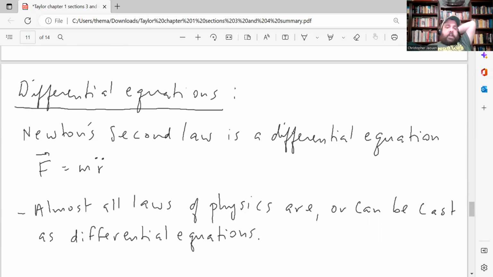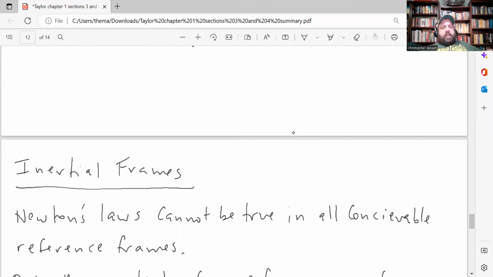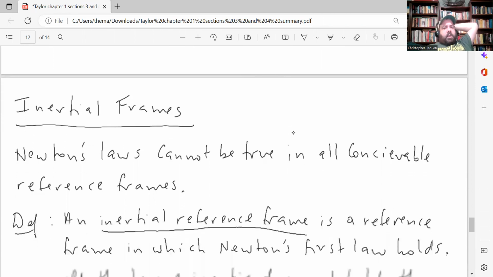In particular, Newton's second law is a differential equation: F equals m times the second time derivative of position. So it involves the derivative of a position, therefore it's a differential equation. All right. And he does a simple example, but I think there's a couple examples in the exercise set for this section where he asks you to solve very simple differential equations. So we'll do those when we get to the exercises.